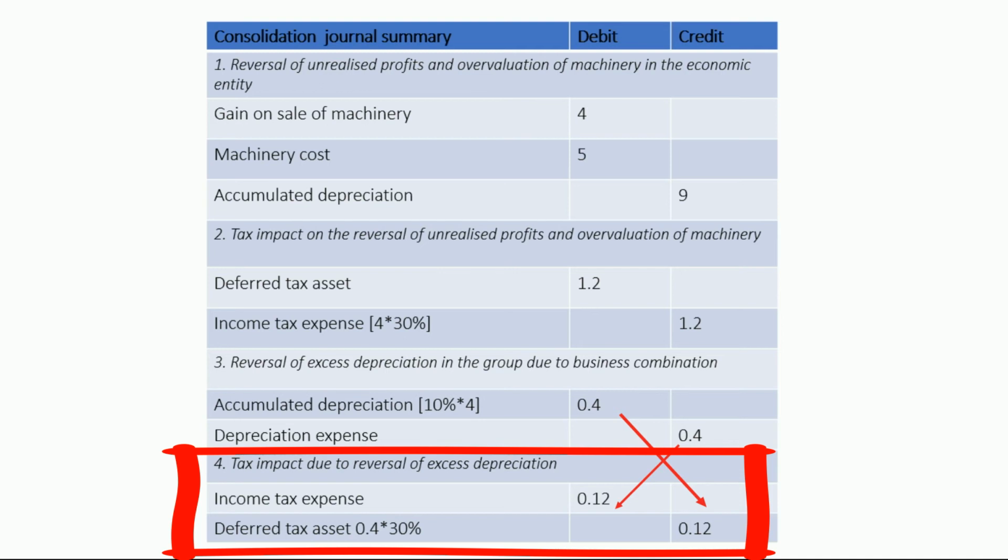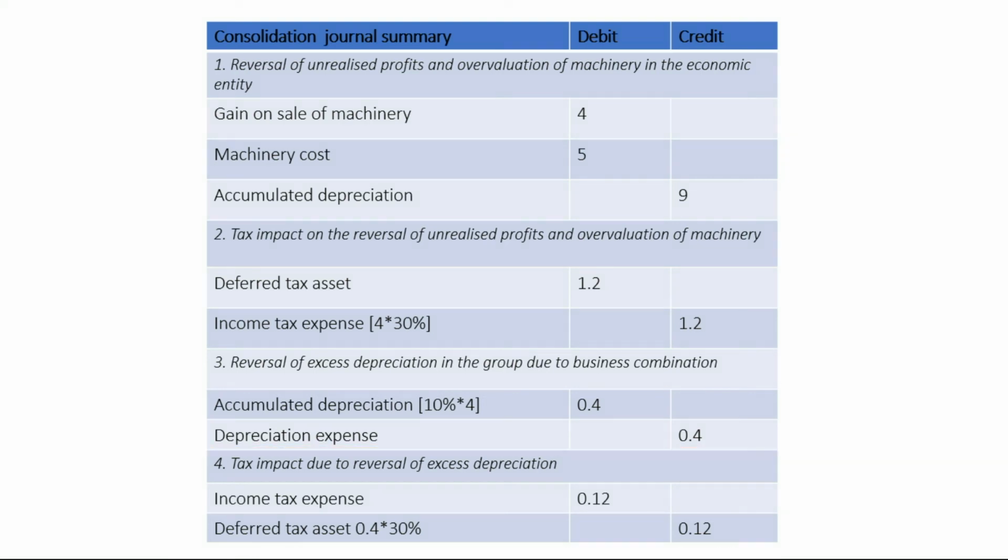The asset has been now used for a year. When the asset has been used for a year, the tax saving that could arise from the asset will also decrease. So we credit the deferred tax asset 0.4 into 30%, 0.12.